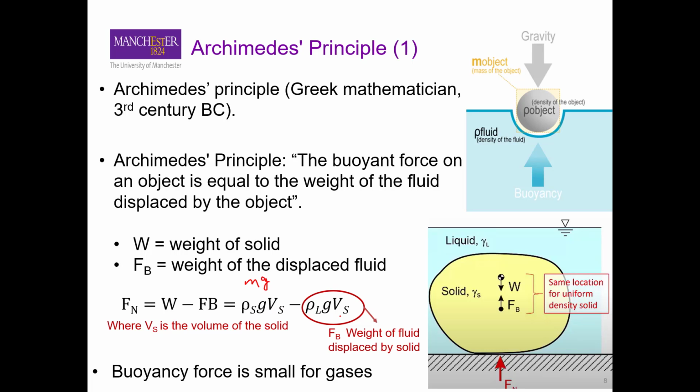Then the buoyancy force is equal to the weight of the fluid displaced by the solid, which we can write as rho L times g times V of the solid. Here we are using the V of the solid because that is the volume that will be replaced by the solid.